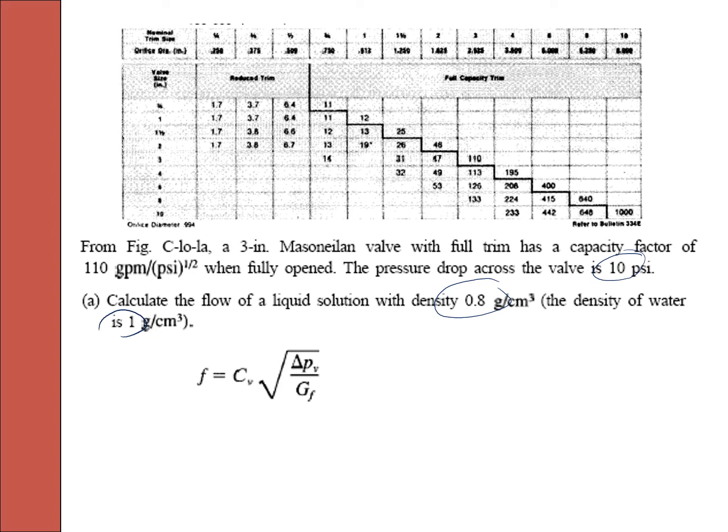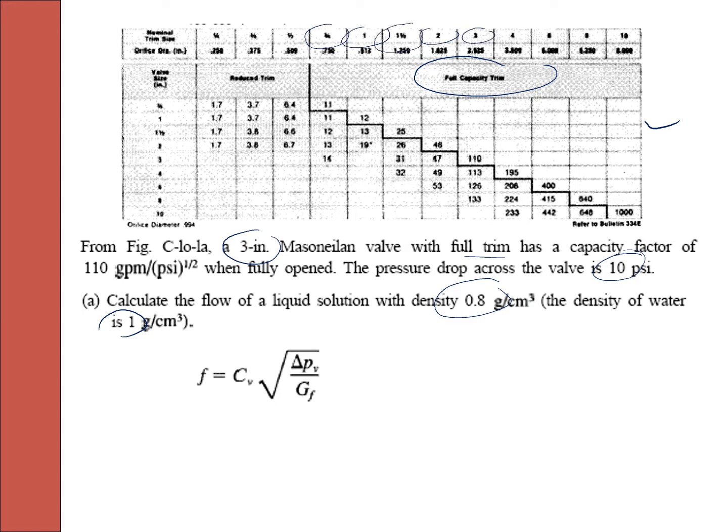Okay, so from this table, this figure, we can read the value of capacity factor. Given here is a 3-inch valve with a full trim. So this is a full trim, and you have a 3-inch valve. You can see here: half, 1.5, 2, 3.